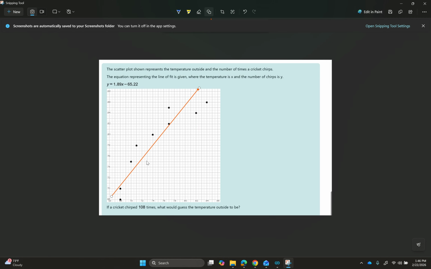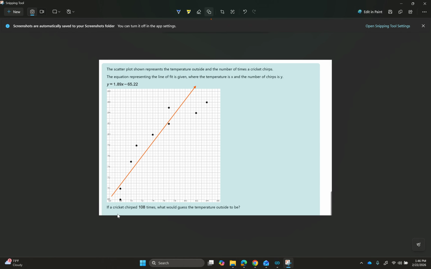So I will make sure that I have 5 above and 4 below, or the other way around, 4 above, 5 below. So more or less, you can see the line is going up. So what that really means is that as the temperature increases, the number of cricket chirps also increases.